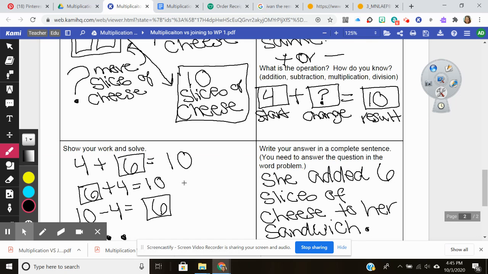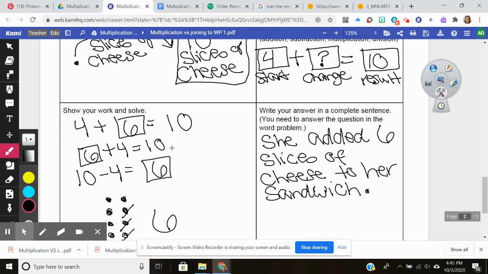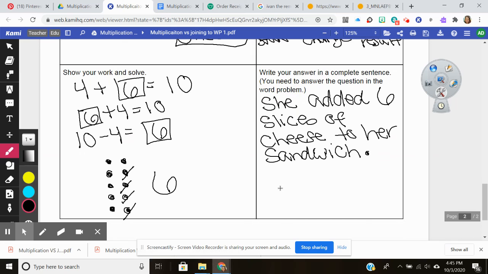So using our knowledge of fact families, we were able to determine that we could subtract in order to find the missing value, right? The missing change. So 4 plus 6 equals 10. All right. So let's go ahead and let's you guys try.